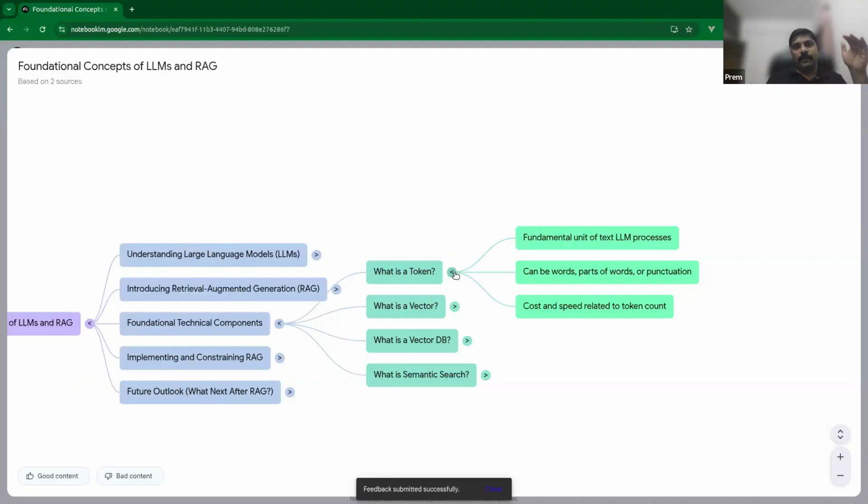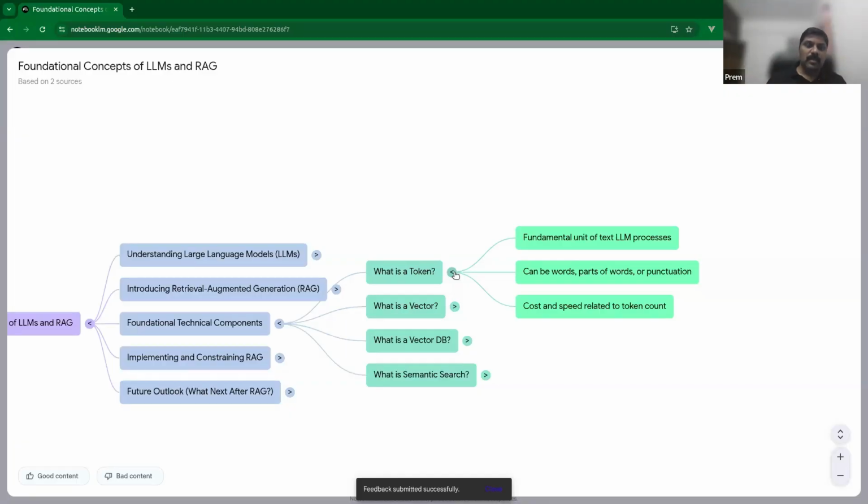So simply understand it like this. You have a 100-page document. Now you need to identify 10 pages of information that is available. So what you will do, you will split this document into pages, or into paragraphs, or into sentences.